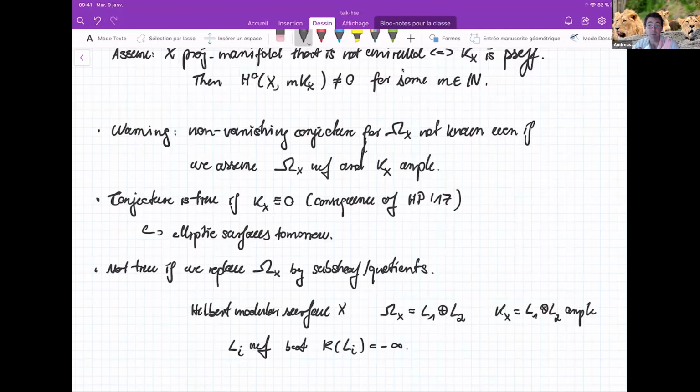Nevertheless, I'm even more careful about the tangent bundle case than about the cotangent bundle case, for the following reason. Even if you look at the anticanonical divisor, it is not known, and maybe not so clear, whether pseudo-effective anticanonical implies non-vanishing.